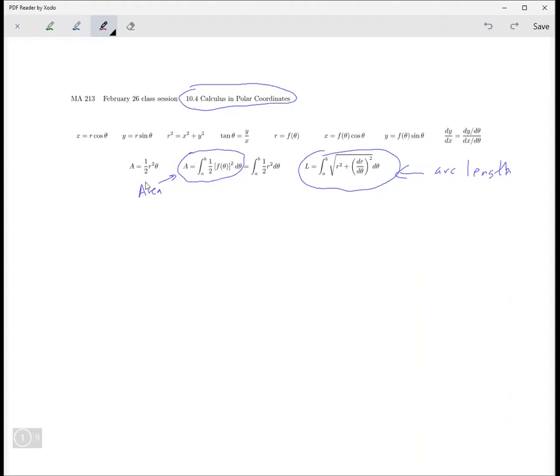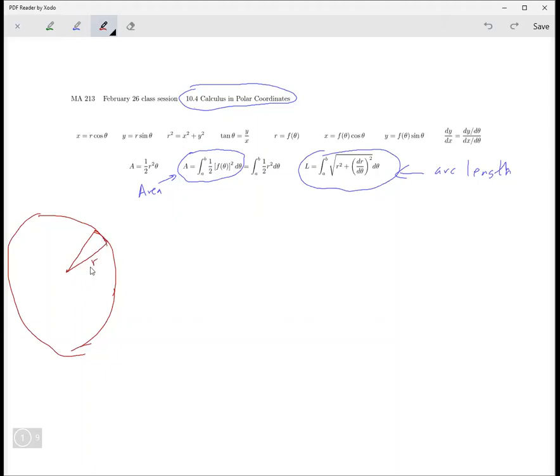So if you have a wedge like this, think of it as part of a circle whose center is right here.